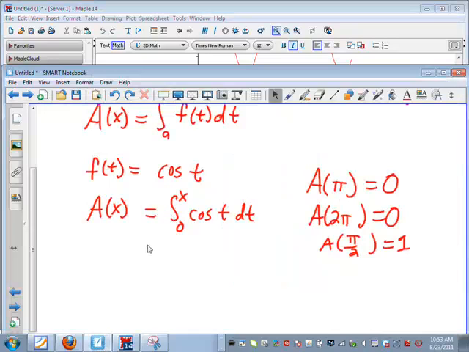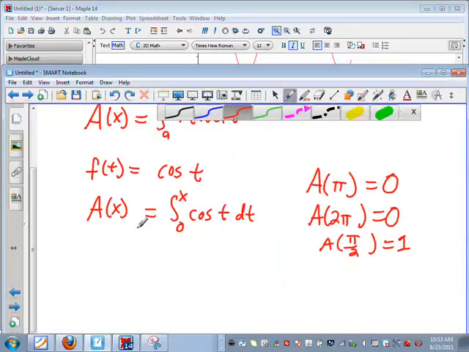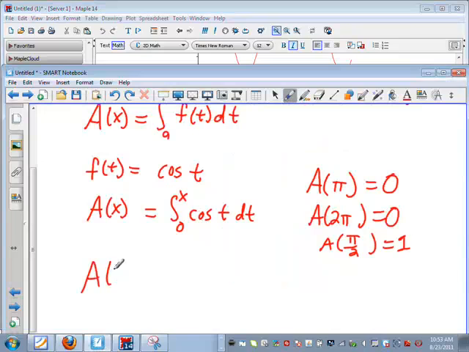What relationship does sine have to cosine? The derivative of sine is cosine, right? So the remark here is that capital A of x is the sine of x.